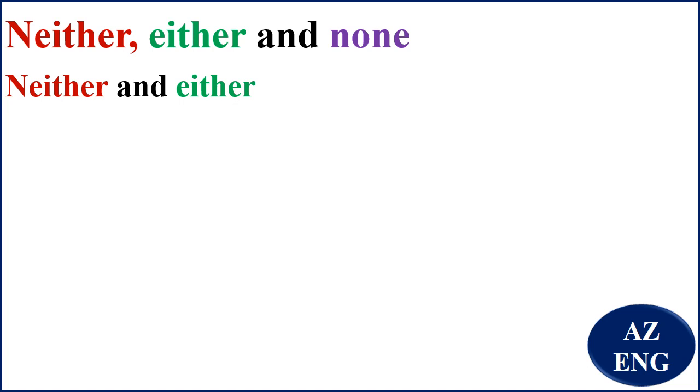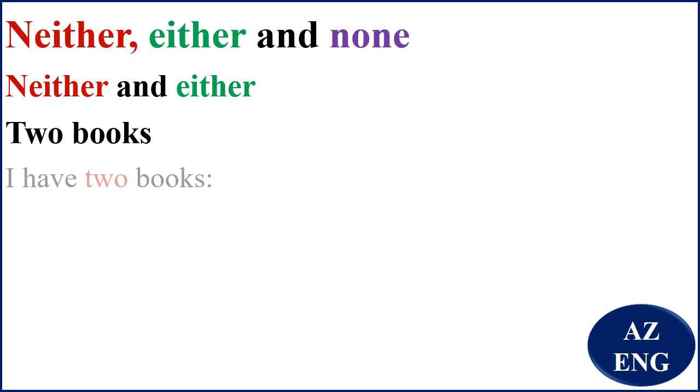So we take neither and either first. Let's use two books, for example. I say I have two books. So neither is here. That is like the first one is not here, the other one too is not here. So you mean both of them are not here.